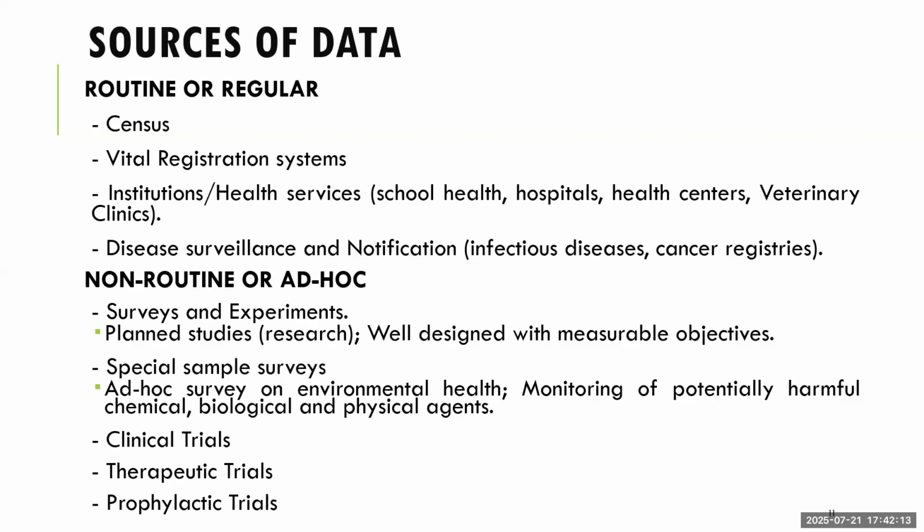There are also routine sources of data, for example, census. In Nigeria here, census is supposed to be done periodically, about every 10 years. The last census was held in 2006.